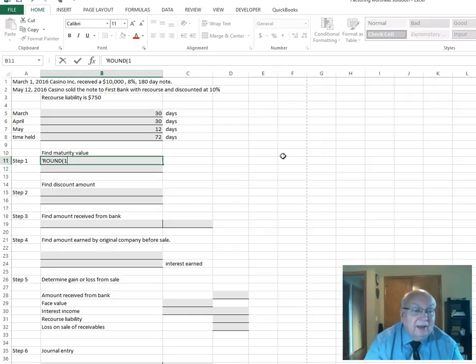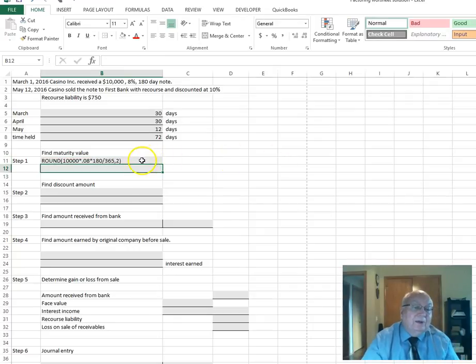So I'll just type the formula in here. We have $10,000 and it's at 8% because remember it's principal times rate times time. Then times 180 divided by 365 and then comma 2 for 2 decimal places and then close.